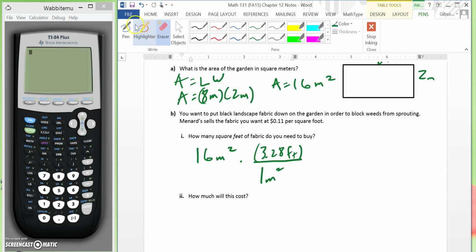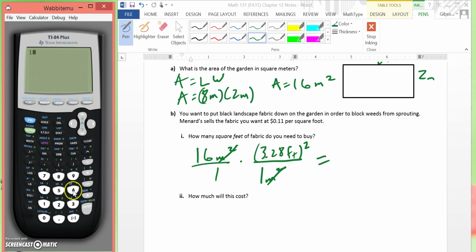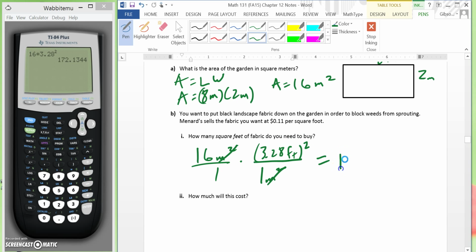Now that we have this, since we have access to a calculator, we can put this in a calculator and square the final answer. So it would be 16 times 3.28 squared. Then that would give us, if we round to 1 decimal place, 172.1. So this would be 172.1 square feet.